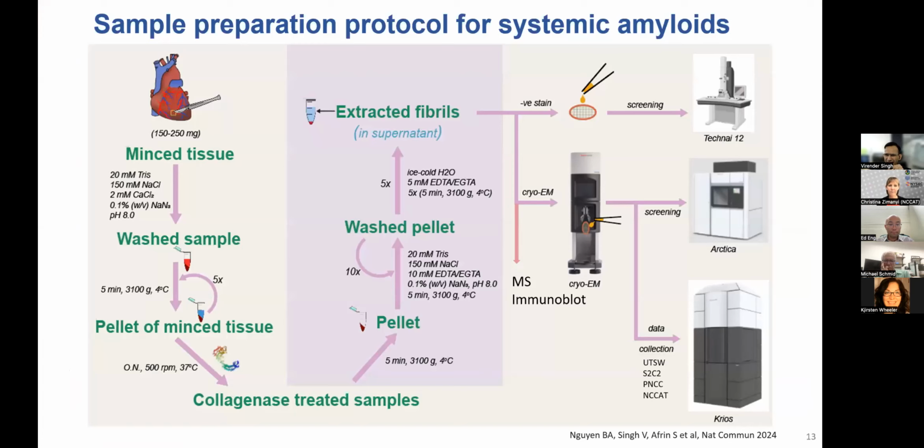We don't use any detergents. These tissues are heavily loaded with amyloids, and it's just a matter of getting rid of collagen, which is one thing. If we don't get rid of it, you don't get isolated fibrils, so you cannot solve the structure. Another thing is getting rid of serum amyloid protein, SAP.